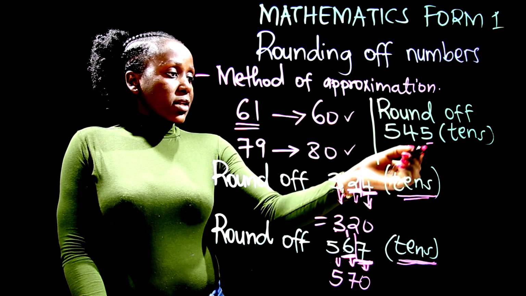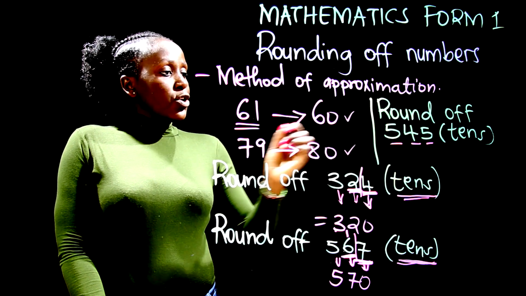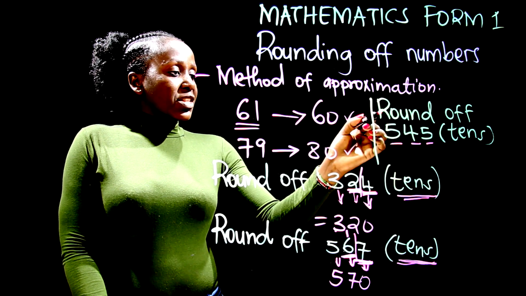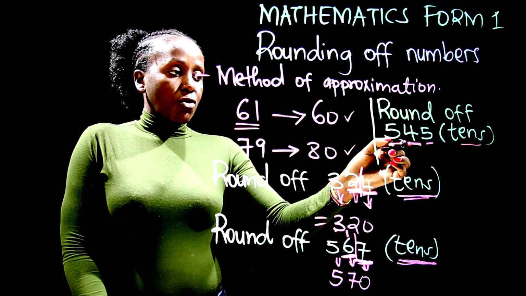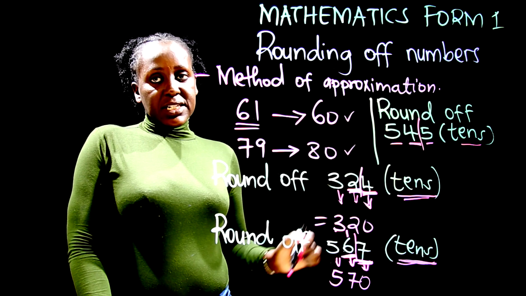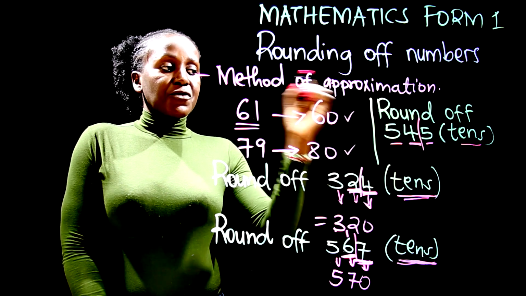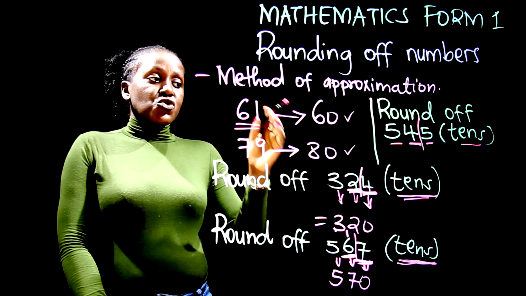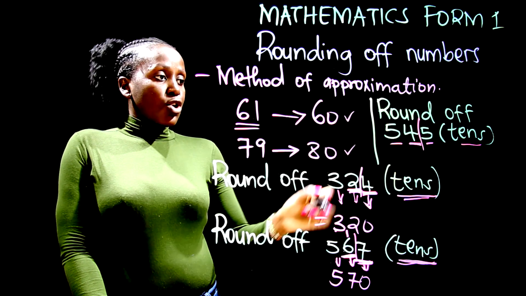This is ones, tens, then hundreds. So the digit that has a place value of tens is a 4. So we consider the next digit to determine whether we will add 1 to the 4 or it is going to remain in its current value.